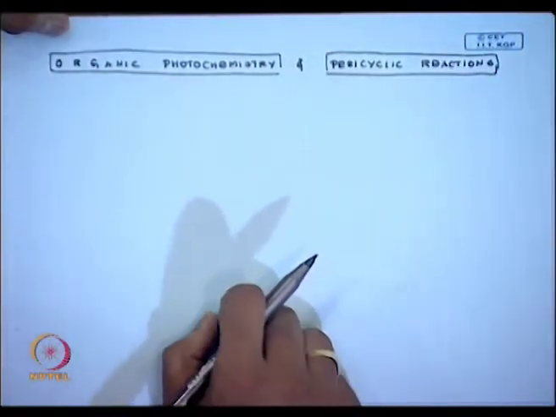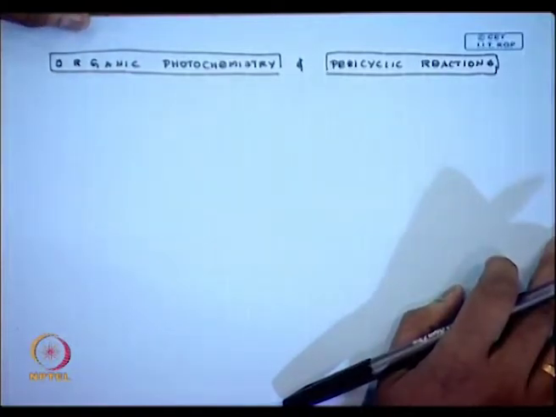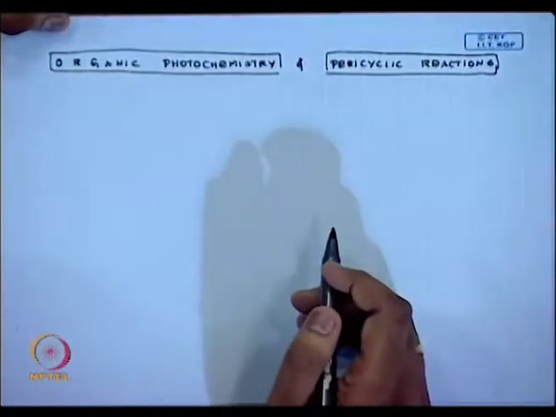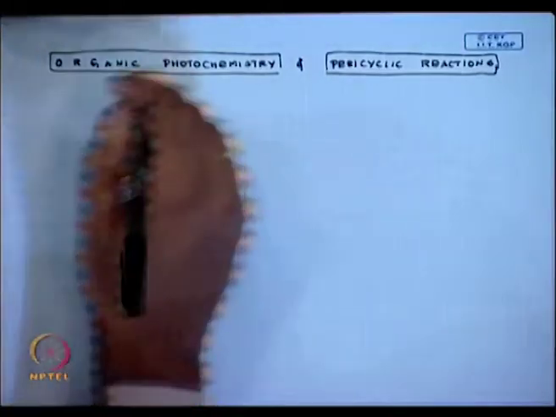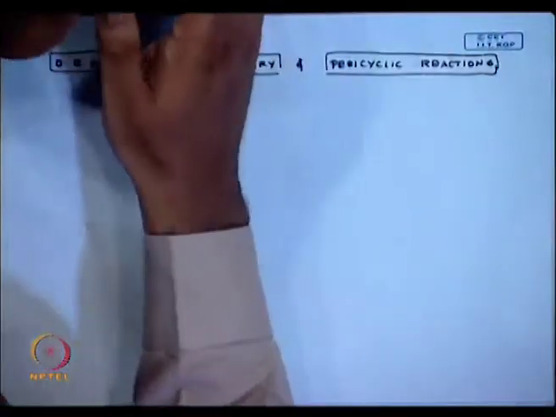Today in class I will just try to introduce you to organic photochemistry. So, what organic photochemistry basically is, it tells you about the interaction of light with organic material.